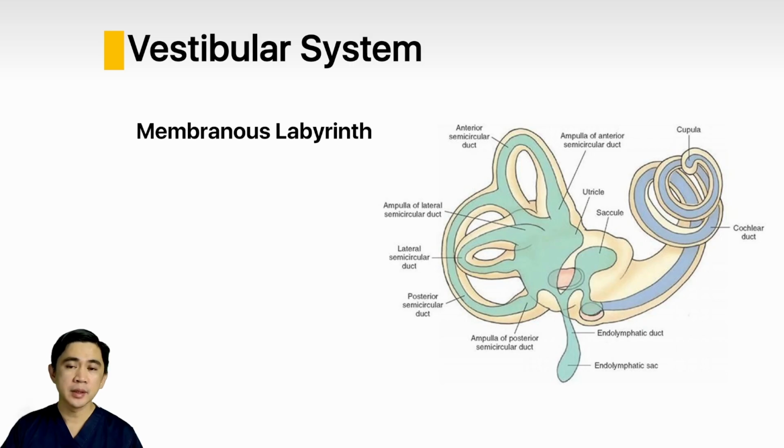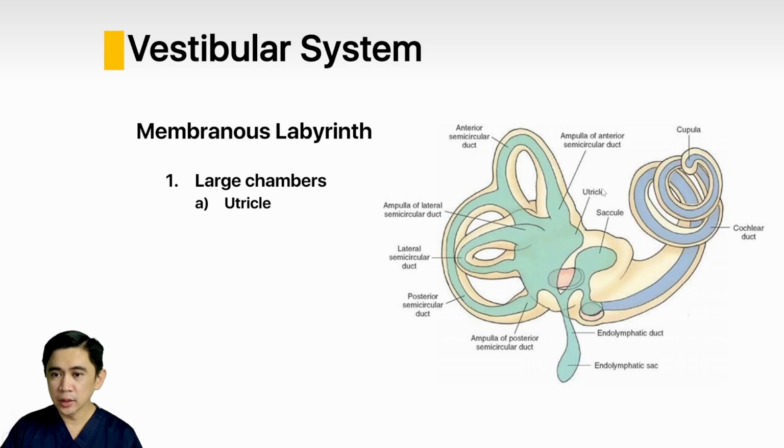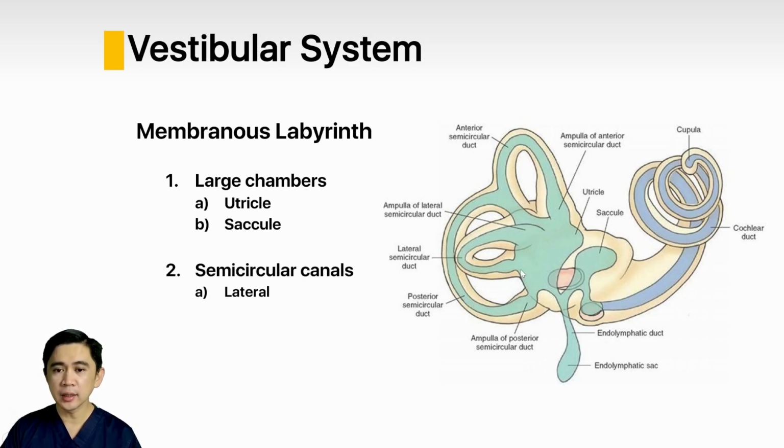specifically the scala media. Now, the vestibular part of the membranous labyrinth, shown here in green, is composed of large chambers called the utricle and the saccule over here, big chambers, as well as the semicircular canals, which are nearby. We have the lateral semicircular canal, the anterior semicircular canal, and the posterior semicircular canal.